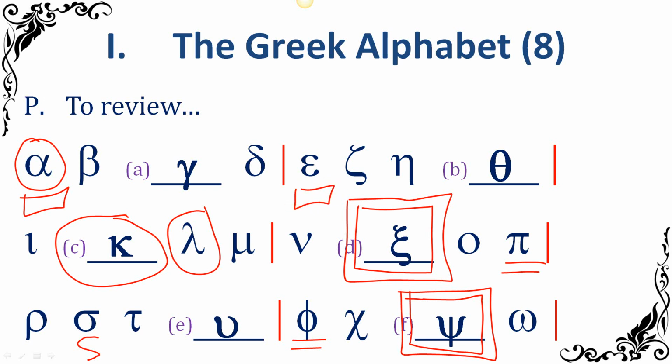Eta is a vowel. Iota is a vowel. Omicron is a vowel. Upsilon is a vowel. And then, of course, omega.